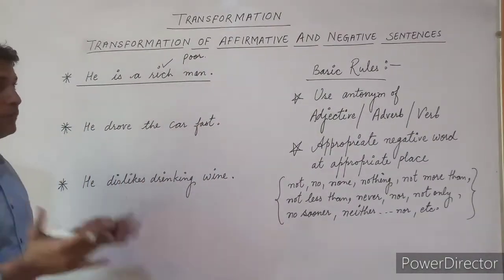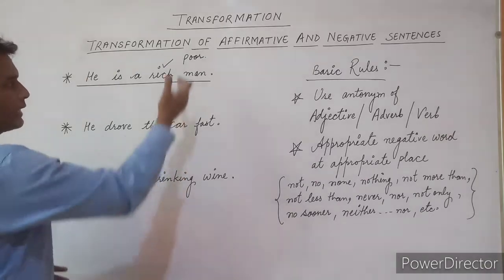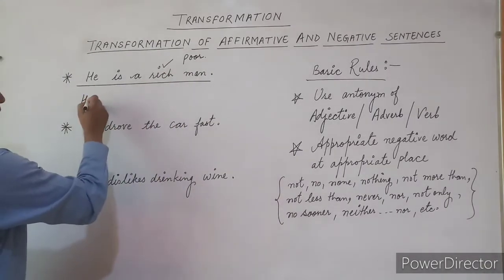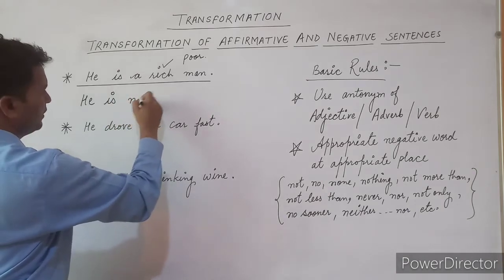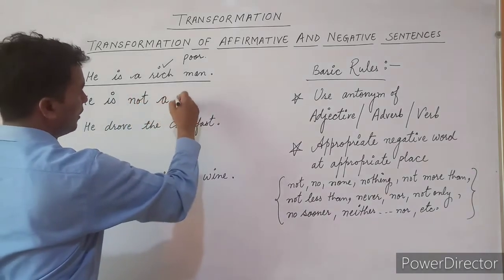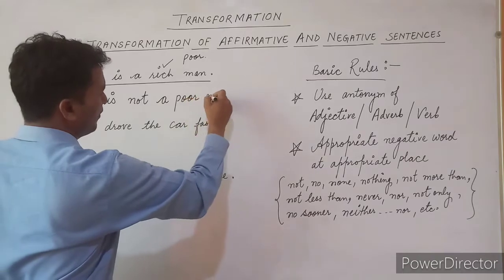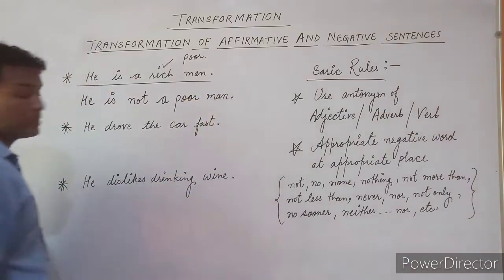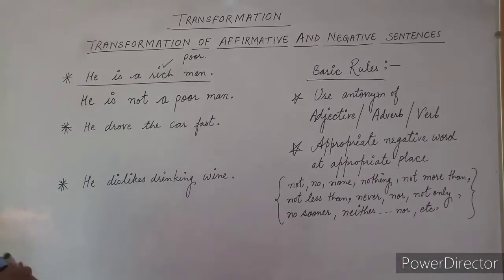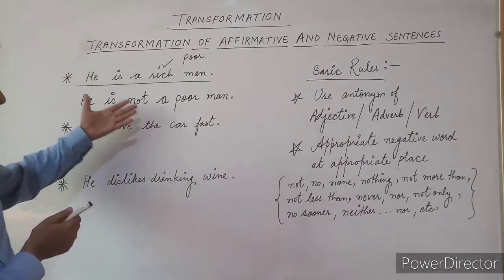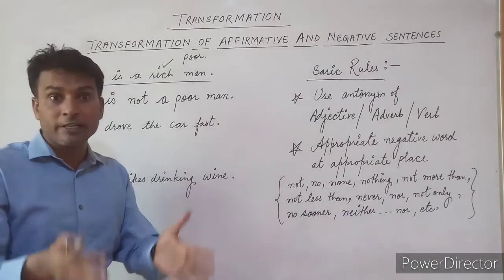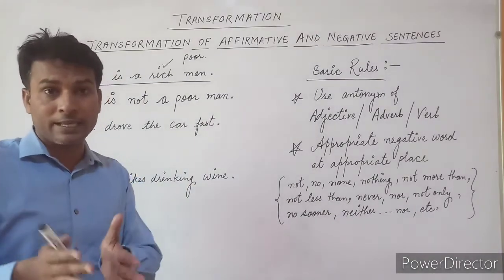So you can transform it into negative by using the antonym. He is not a poor man. Now you can see that I have changed an affirmative sentence into a negative sentence without altering the meaning or sense of the sentence.